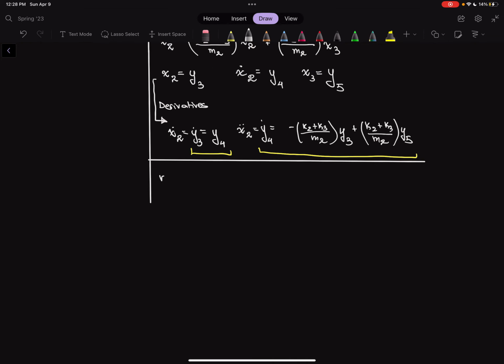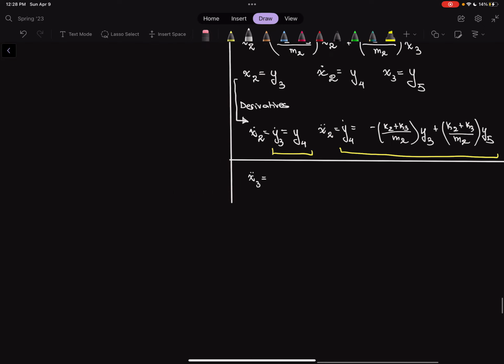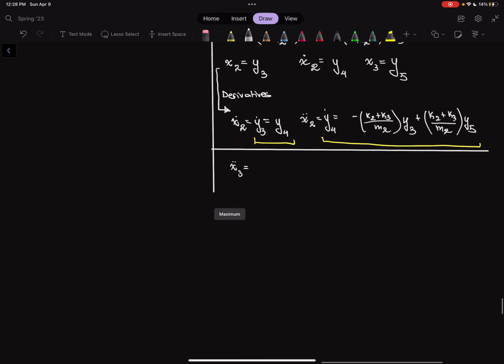Now we're going to say x double dot 3, looking over there, is going to be equal to negative k3 over m3 times x3 minus x2. So that's going to be equal to negative k3 over m3 times x3 plus k3 over m3 times x sub 2.